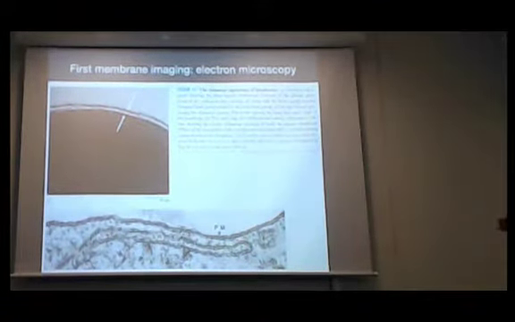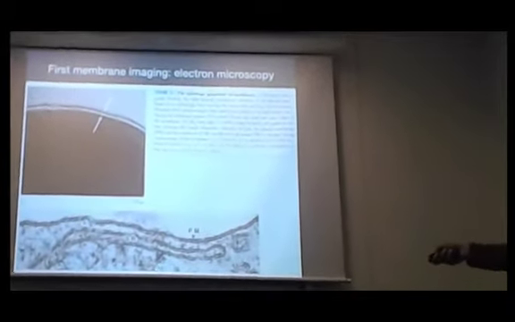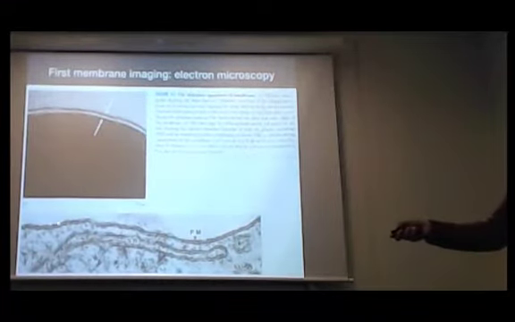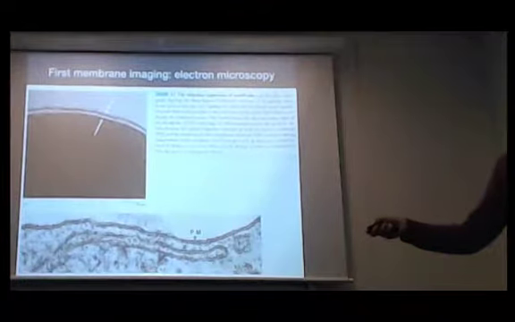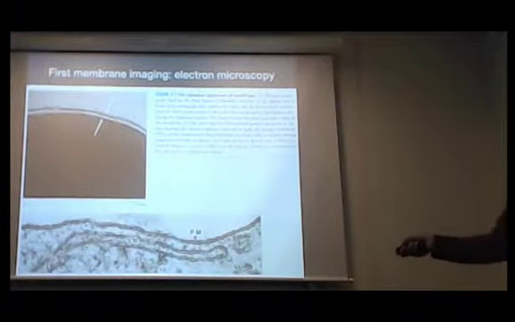But interestingly, when you observe different types of tissues, you can see that not only do you see the plasma membrane that delineates the outside of the cell from the inside of the cell, but you also see intracellular membranes.